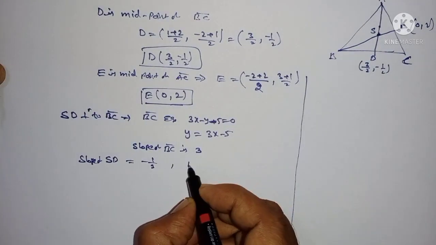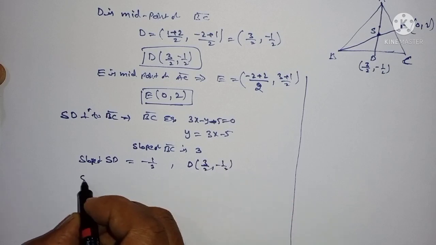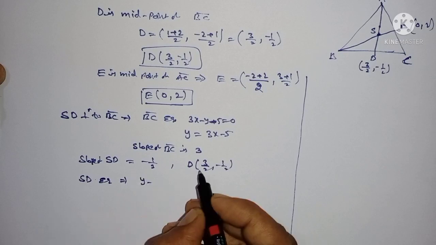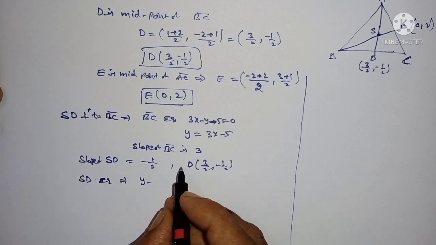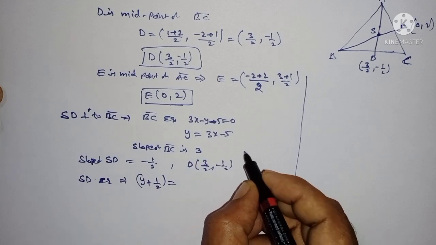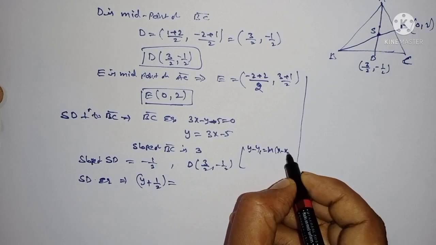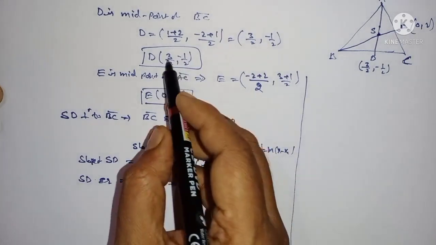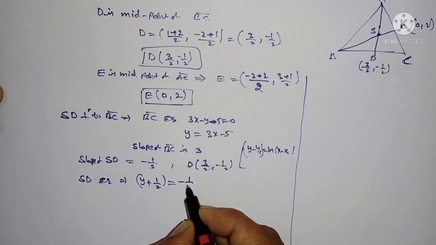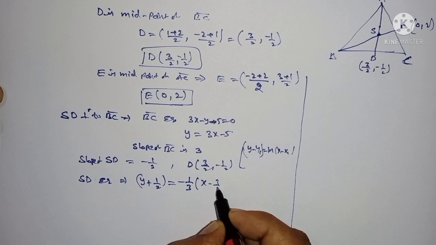Therefore, you have the point also, 3 by 2, minus 1 by 2. Therefore, SD equation is, I am writing y minus y1, what is the formula? y minus y1 is equal to m into x minus x1. Therefore, x1, y1 is this one, and m is minus 1 by 3 of x minus 3 by 2.